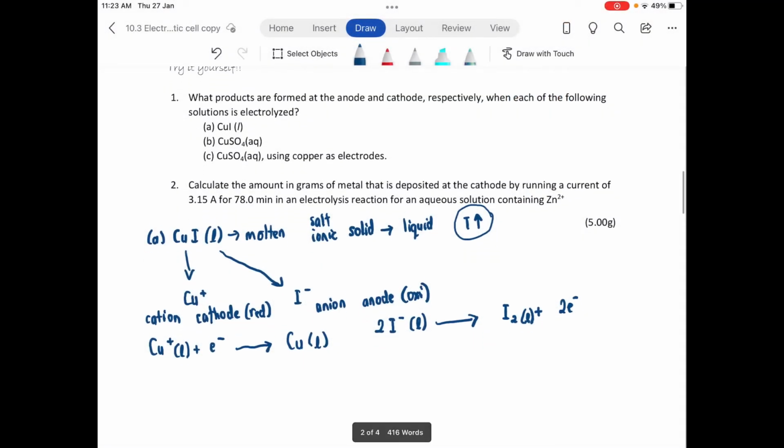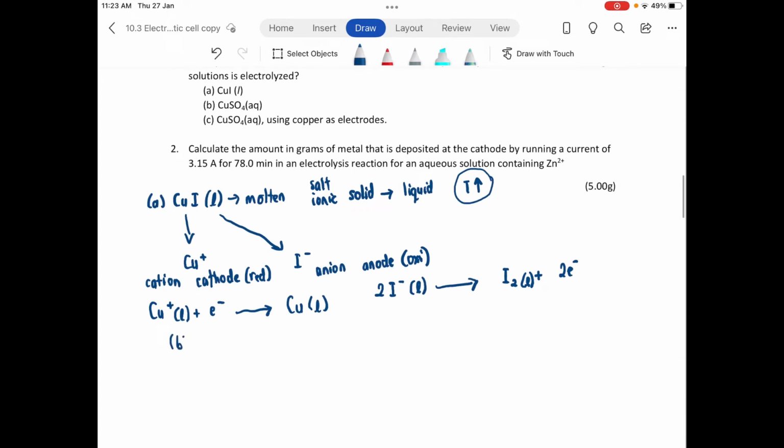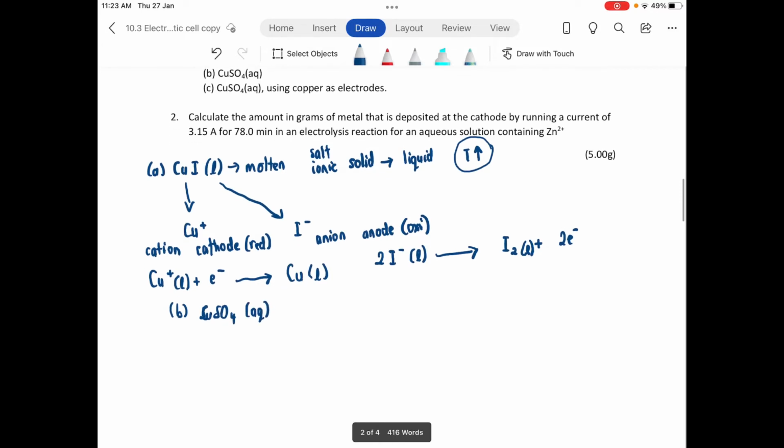Okay, next question. Dia nak copper sulfate aqueous. Copper sulfate aqueous. So bila copper sulfate in the form of aqueous ni, that means dia ada kehadiran water lah. So bila ada kehadiran water, maksudnya kita bukan sahaja ada ion that comes from salt, but water also will take part in the reaction. So kalau pada kita punya positively charged ion, pada kita punya cathode, yang akan tertarik ke cathode is copper 2 plus.